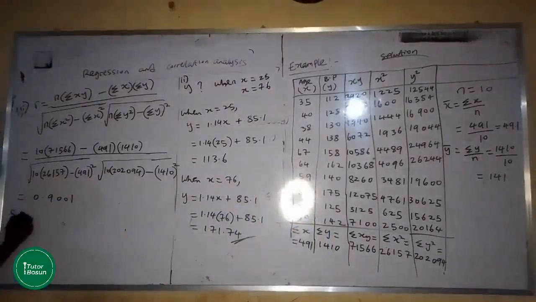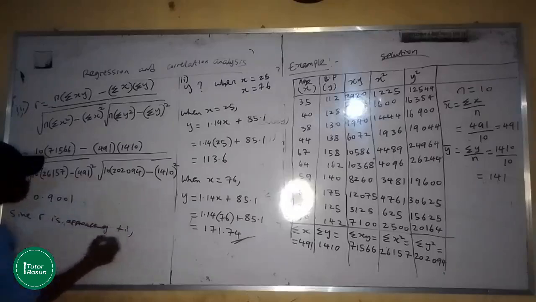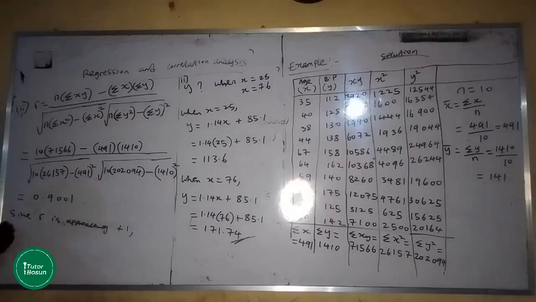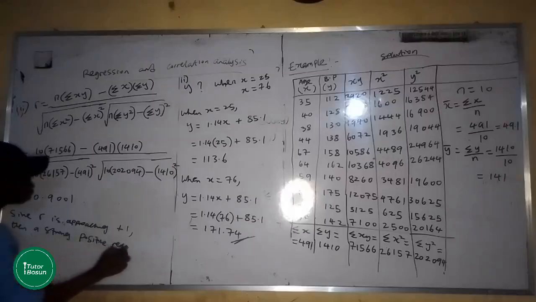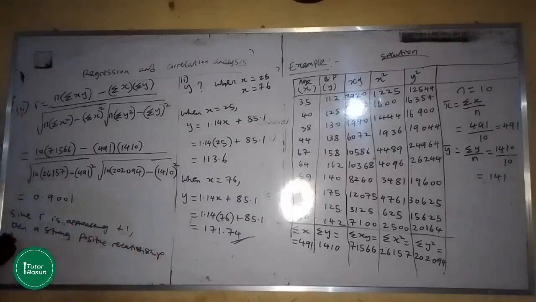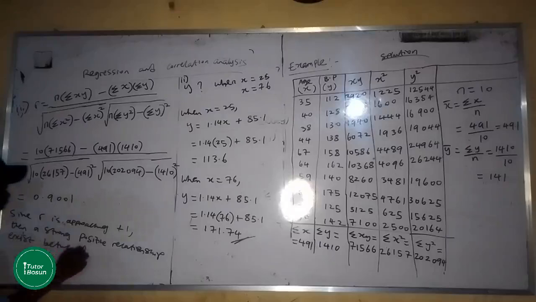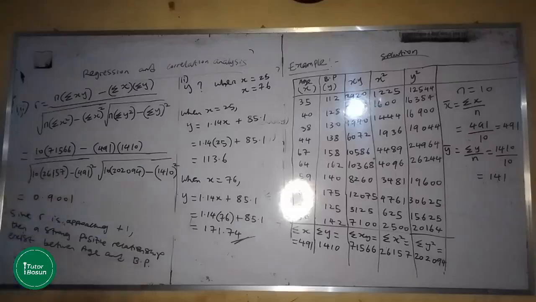So you can say since R is approaching plus 1, then a strong positive relationship exists between age and blood pressure, BP.